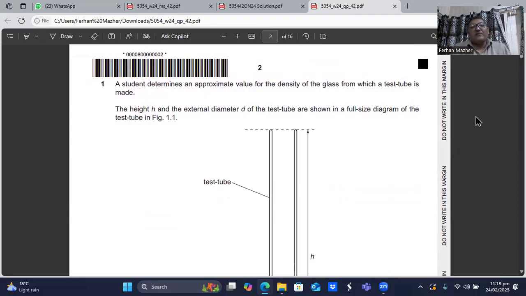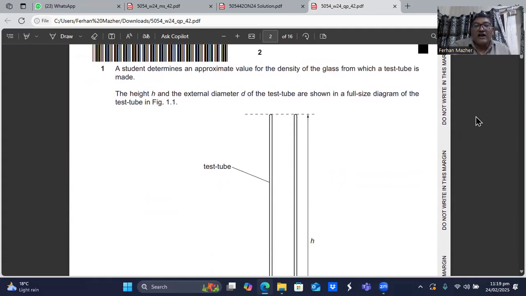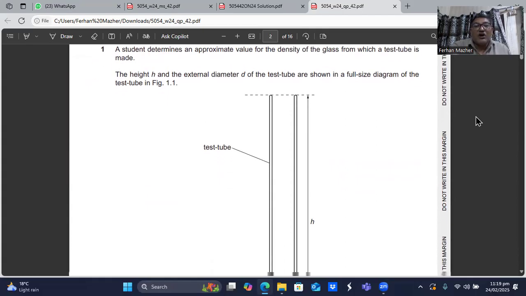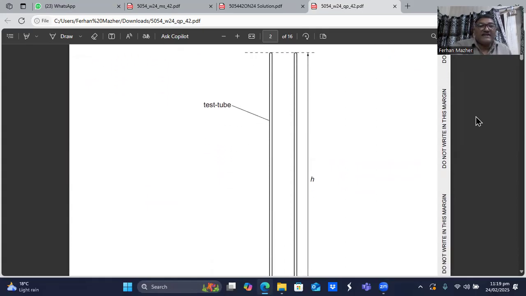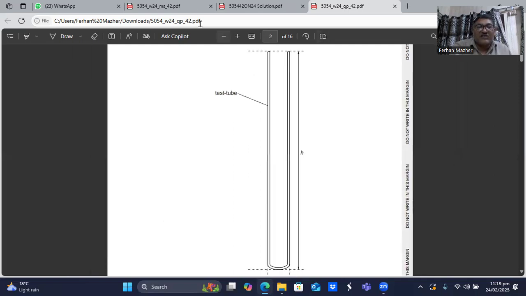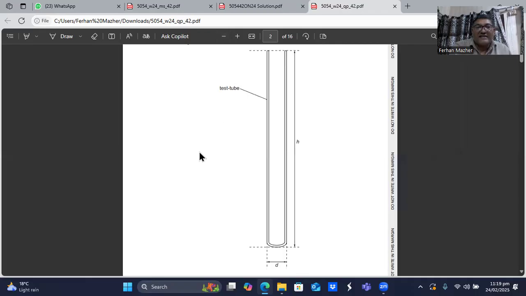A student determines an approximate value for the density of the glass from which a test tube is made. The height h and the external diameter d of the test tube are shown in the full size diagram of the tube. Here you can see a test tube and its dimensions, its height and the external diameter.